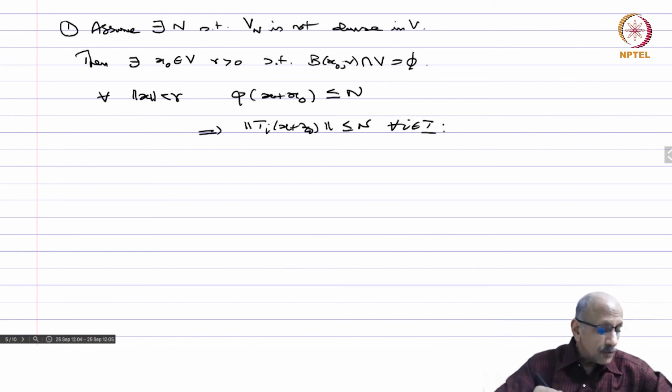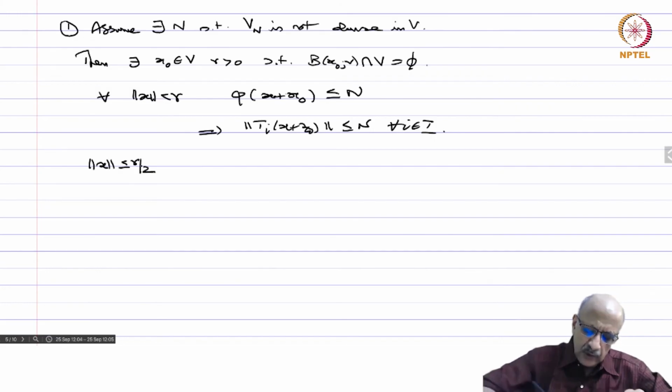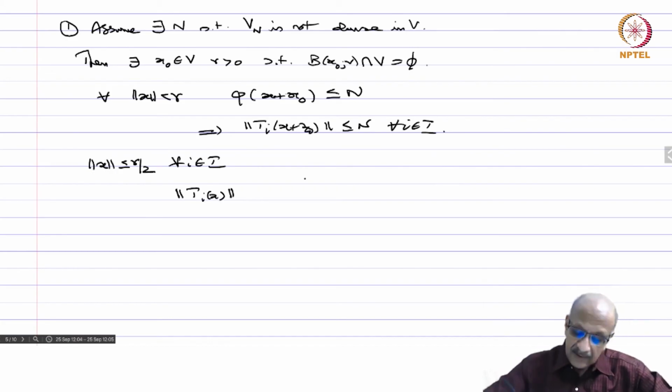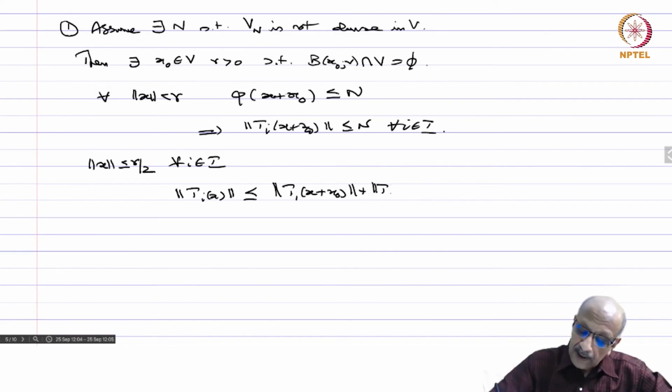So you now choose norm x less than or equal to r by 2, our usual trick, so that it is always strictly less than r, and then for all i in I, what do you have? Norm Ti of x is less than or equal to, by the triangle inequality, norm Ti of (x plus x naught) plus norm Ti of x naught, and each one is less than or equal to n, and therefore this is less than or equal to 2n.